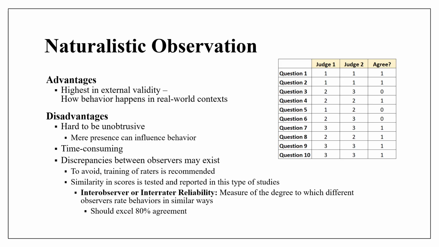One of them said 2, the other one said 3. So what we want to see is that for the most part, across all the observations they make, they're consistent with the ratings, where they're having similar recording of the observations.